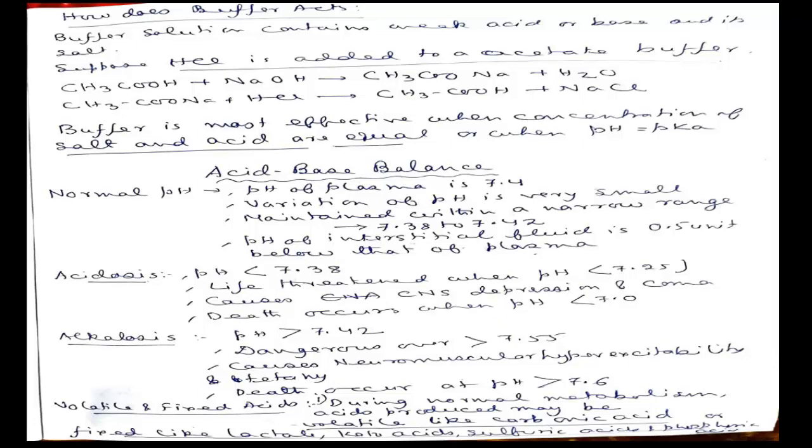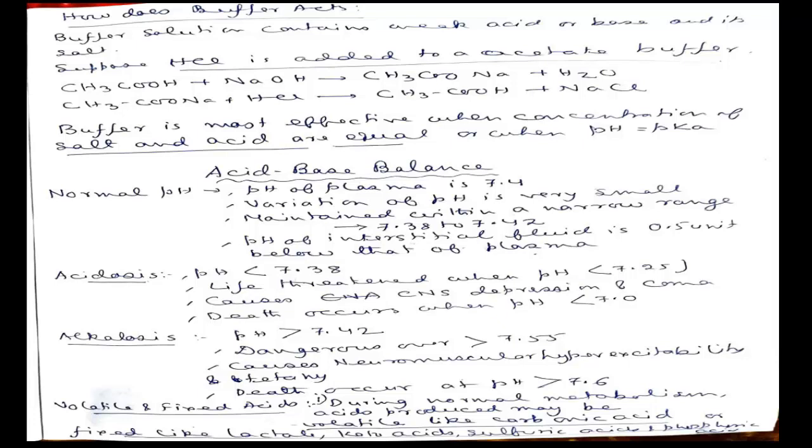Now this sodium acetate will react with HCl and convert it to a weak acid, that is acetic acid, and its salt. One more thing that we should remember is that buffer is most effective when concentration of salt and acid are equal, or when pH is equal to pK.